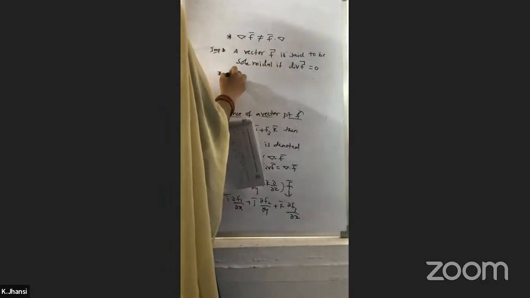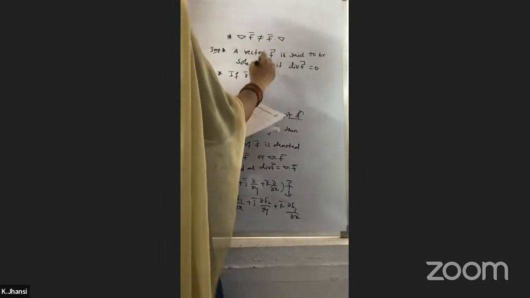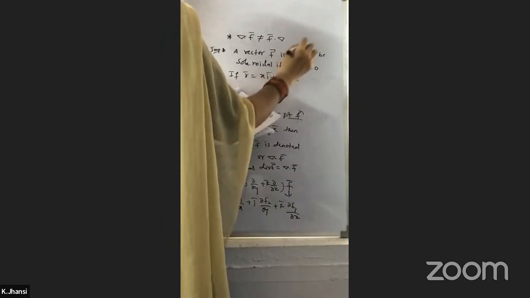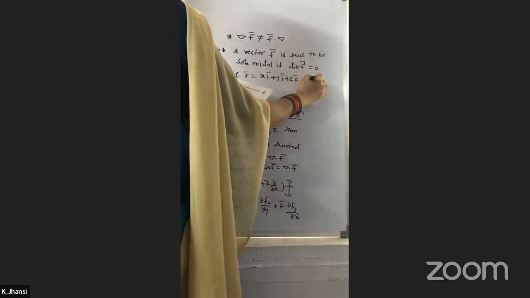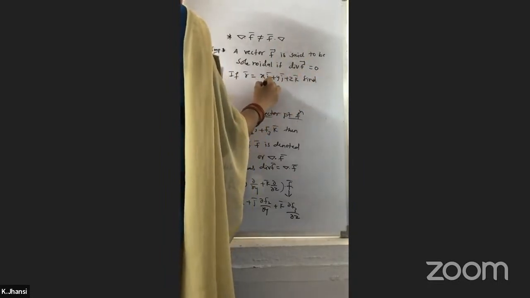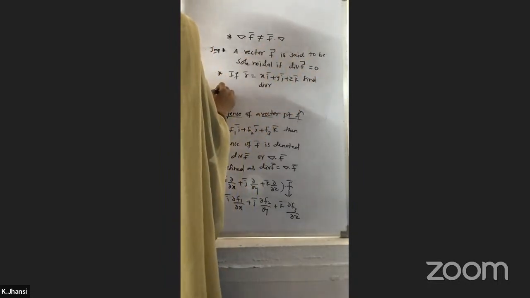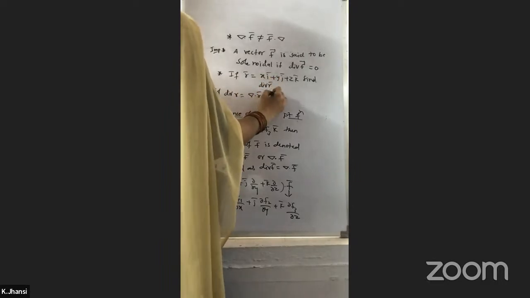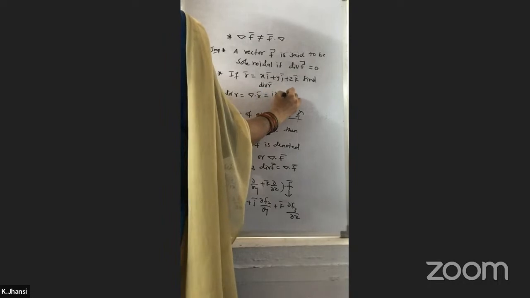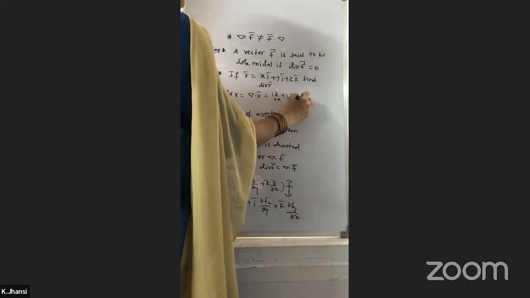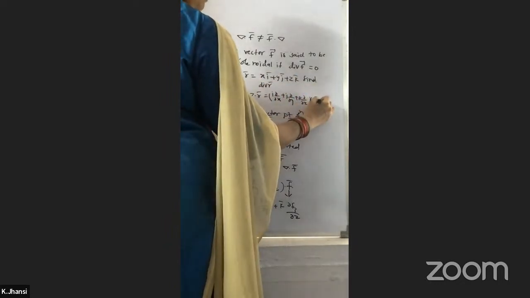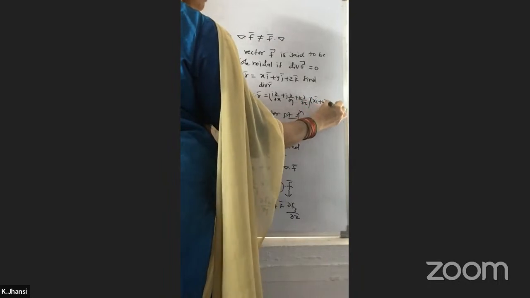Next, a problem on this. If R is given as vector R equals xi plus yj plus zk, then find div R. So div R is equal to del dot R, that is dou by dou x plus j dou by dou y plus k dou by dou z into R, where R is xi plus yj plus zk.